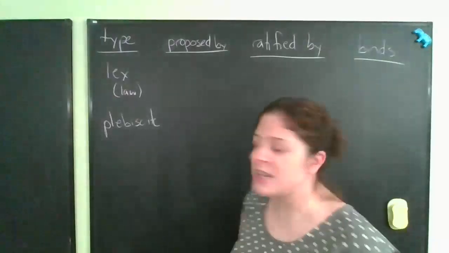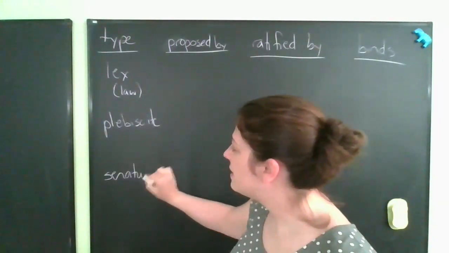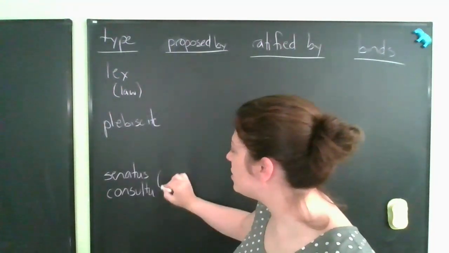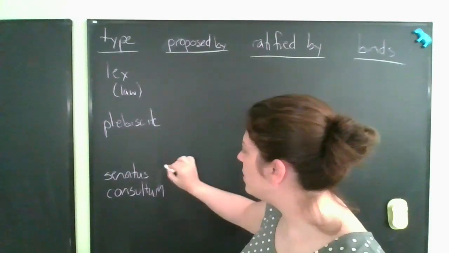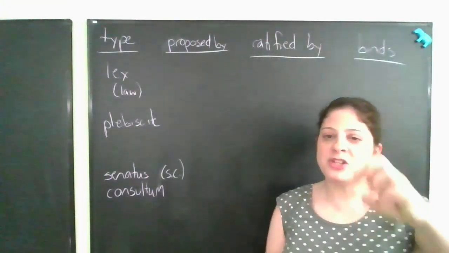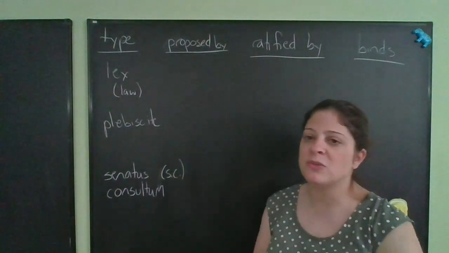We'll review it again here. And then the last one is the senatus consultum. It means consultation of the Senate. We can just call it an SC because it's long. And so I want to talk about how each of these is formed and what each of these does, because all three of these can exist within the Roman world.